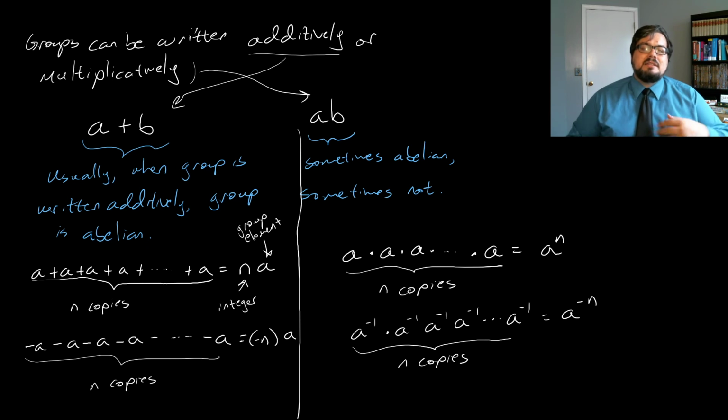And the fact is that all of the facts that you know about factoring things on the additive side, or the rules for how exponents interact with each other on the multiplicative side, they all still hold, although they do need to be proved. I'll just mention that we set a to the 0th to be the identity.